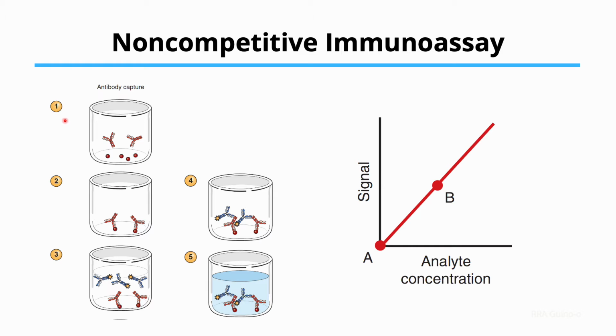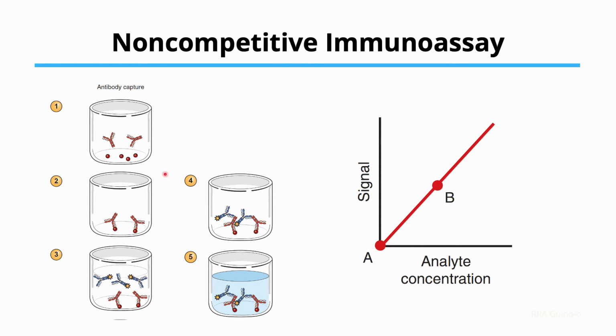As mentioned earlier, the non-competitive immunoassay can also use antigens in the solid phase. So instead of capture antibodies, here you have capture antigens. Now, the antigens bind to antibodies found in the patient's serum, and the process repeats itself. This time, we have a secondary antibody against the patient antibody that we are trying to detect.